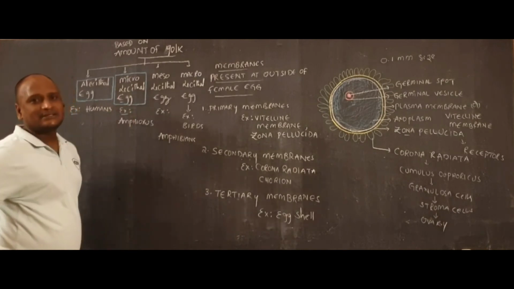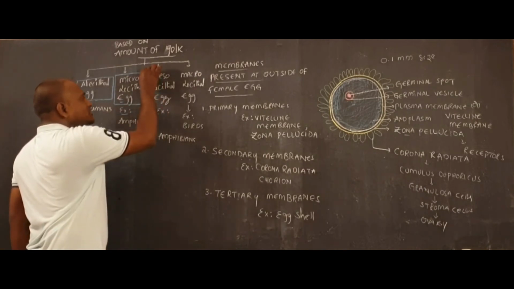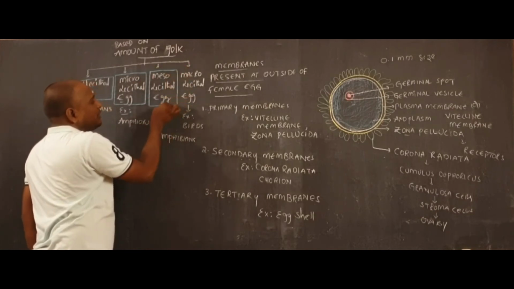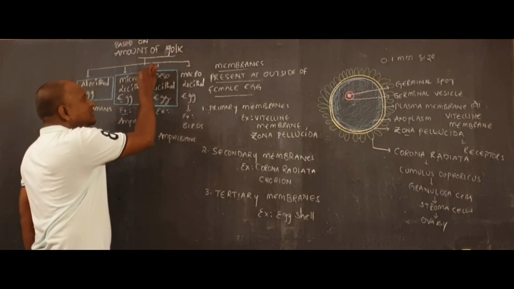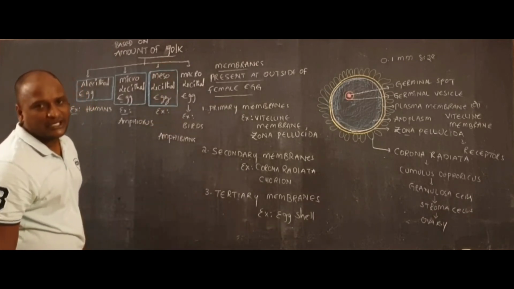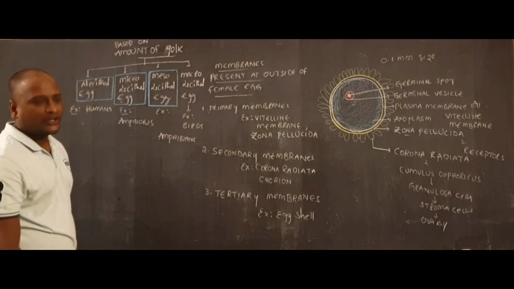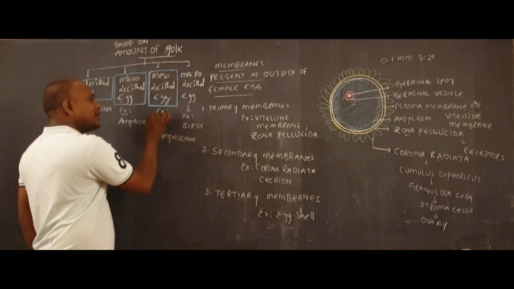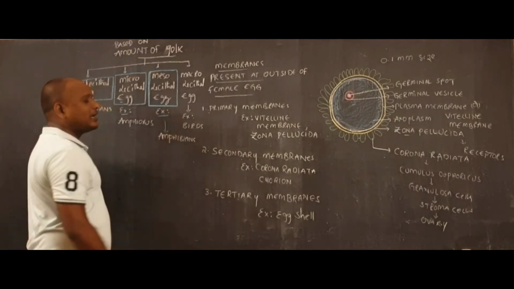Example, Amphioxus. Coming to mesolethal egg. Mesolethal egg means yolk material is present in a considerable amount, that means medium size yolk material is present in the case of mesolethal eggs. Example, amphibians.